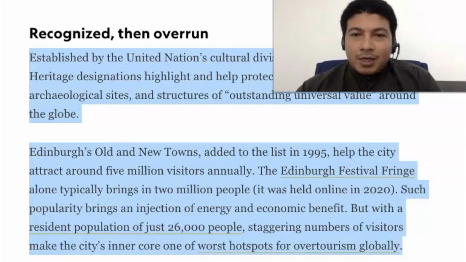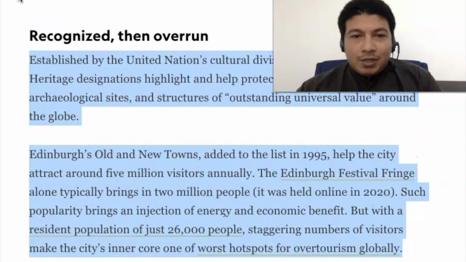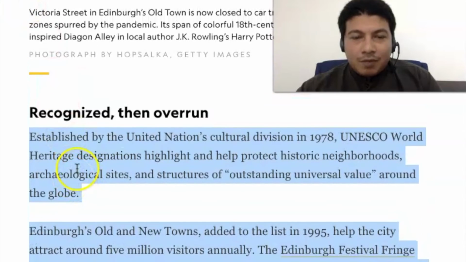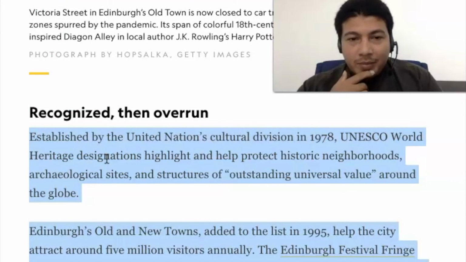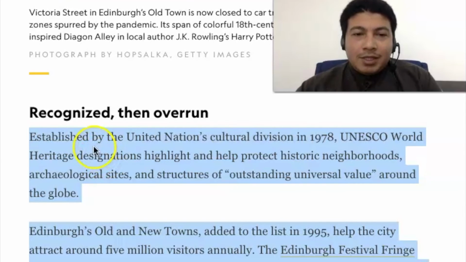If we take a look at this paragraph from the National Geographic News, we can see that the first part of the paragraph here is the main idea or the main point, where it says: established by the United Nations Cultural Division, UNESCO World Heritage designations highlight and help protect historic neighborhoods, archaeological sites, and structures of outstanding universal value around the globe.